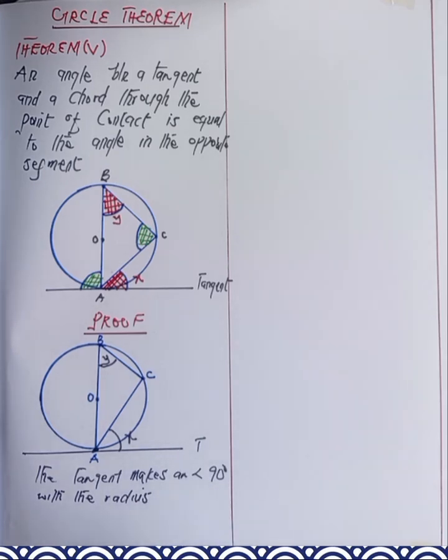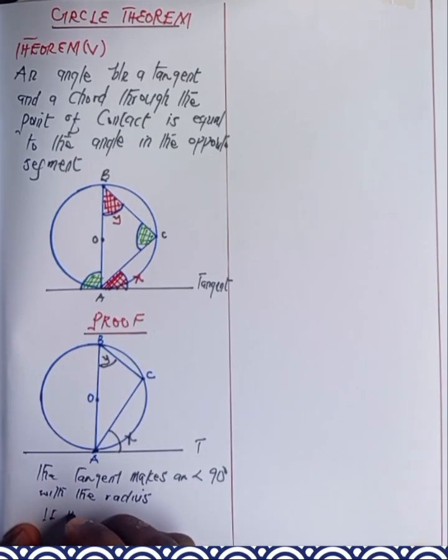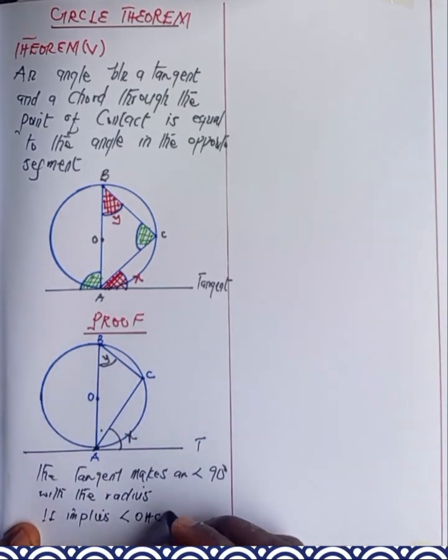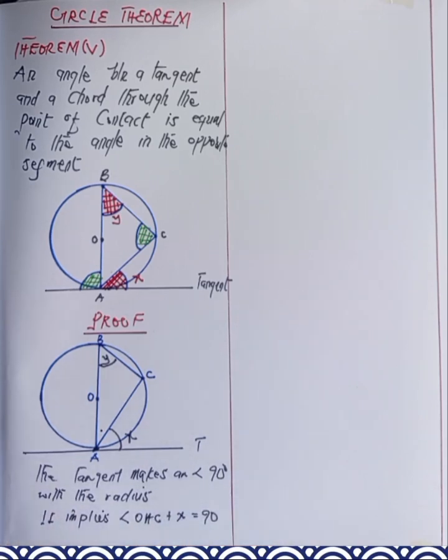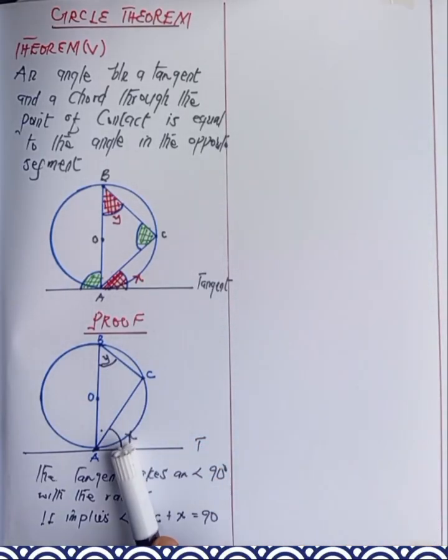So it implies that angle OAC, which is this angle, plus x is equal to 90 degrees.